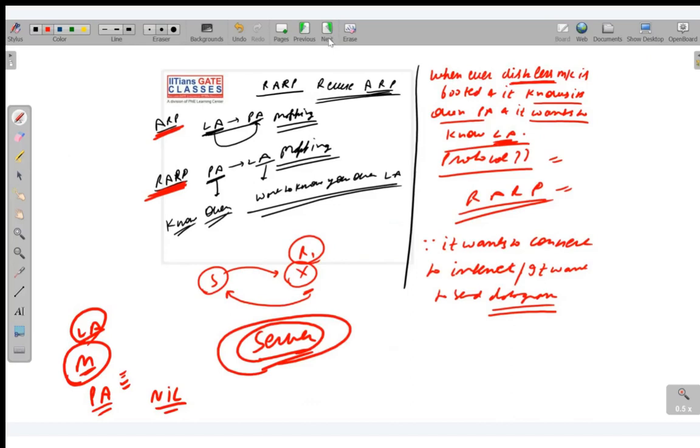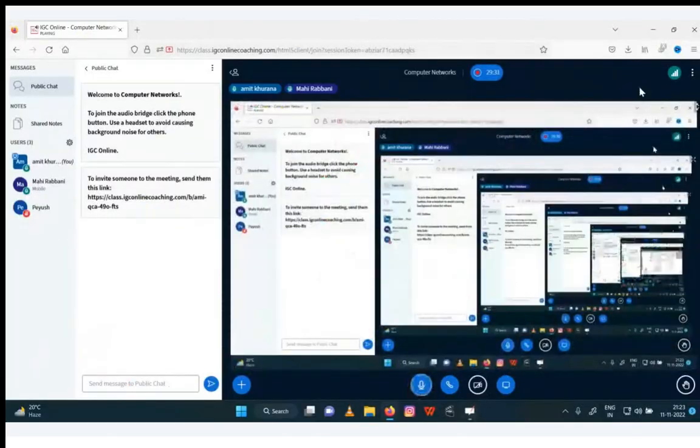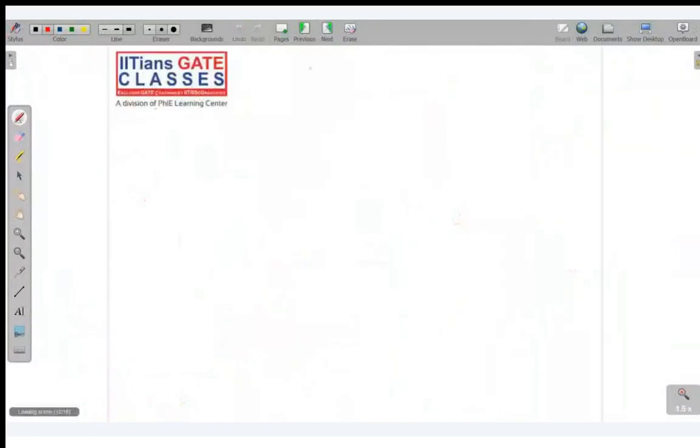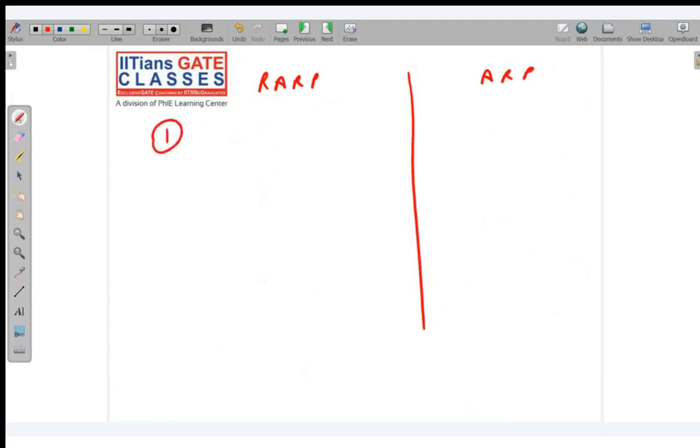Take the snapshot. Okay, so now the basic difference between RARP and ARP. The very first difference: RARP is used for physical address to logical address mapping.